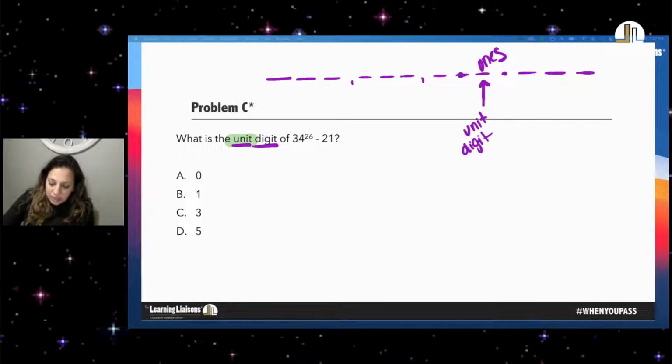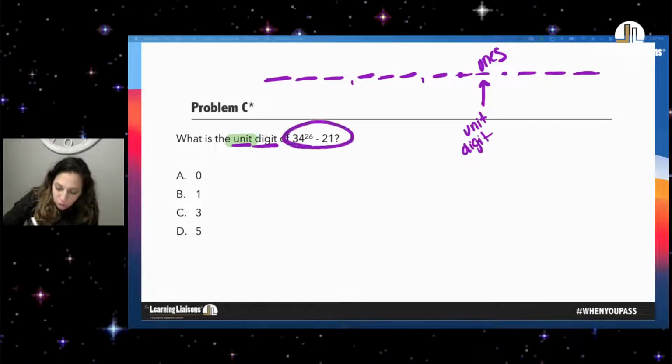Then we have our tens, hundreds, thousands, 10,000s, 100,000s, millions, 10 millions, 100 millions, billions, and it keeps going. And then we have tenths, hundredths, thousandths. So we're looking for the unit digit of 34 to the 26th power minus 21.